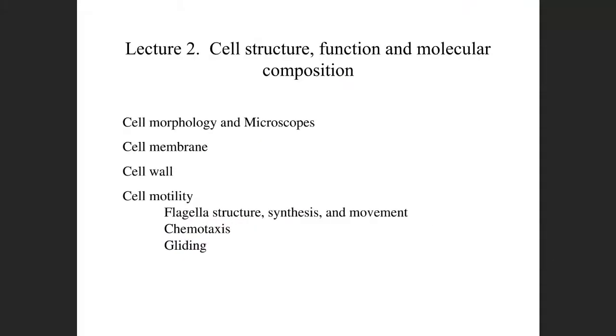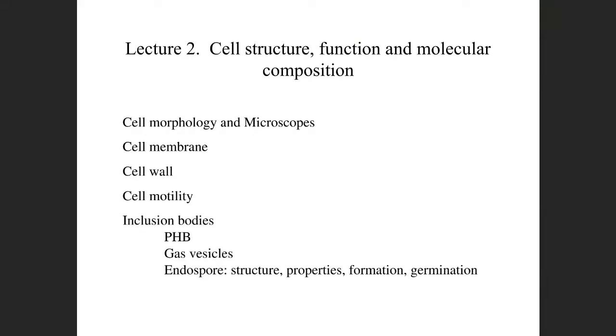So that's cellular motility. And next, I want to just mention inclusion bodies, and we'll come back to talk about this in the future. When you look inside the bacterial cell, they don't have much structure, but some bacteria have these things.